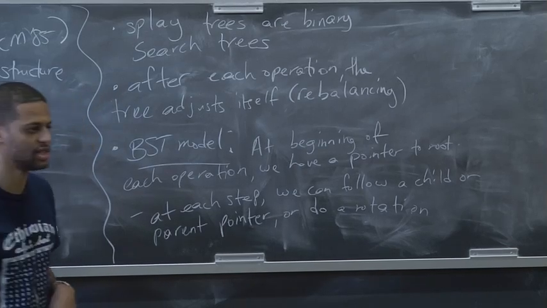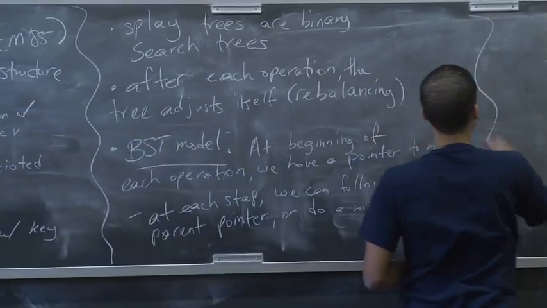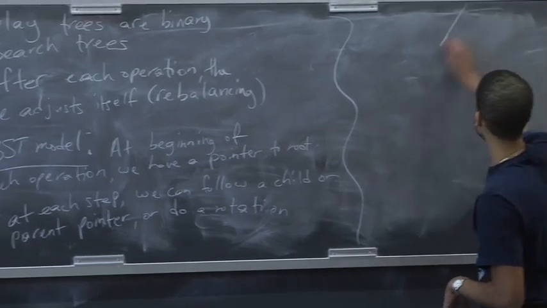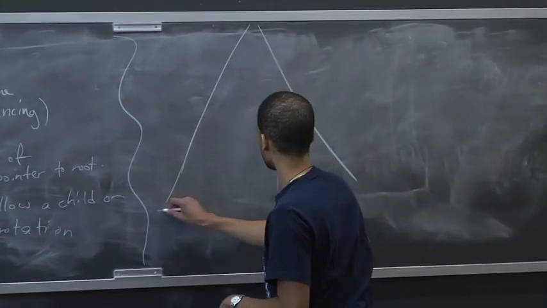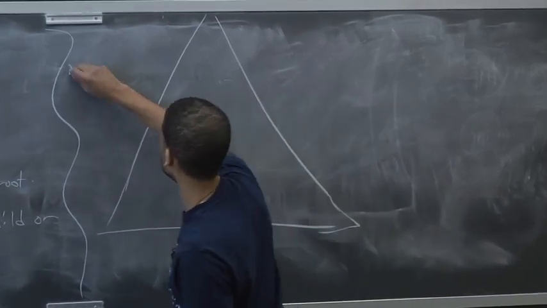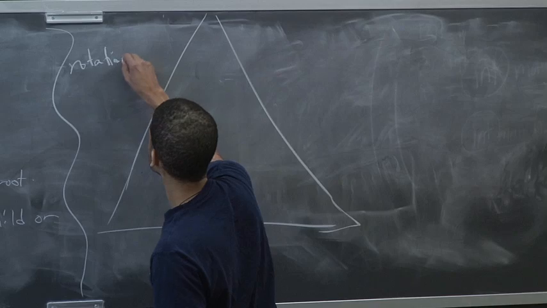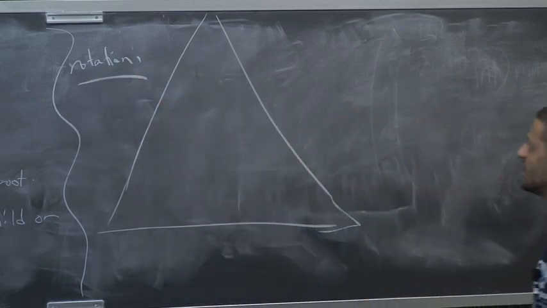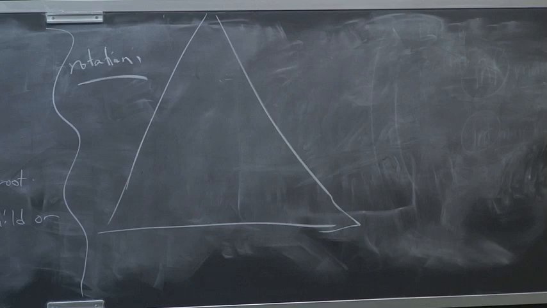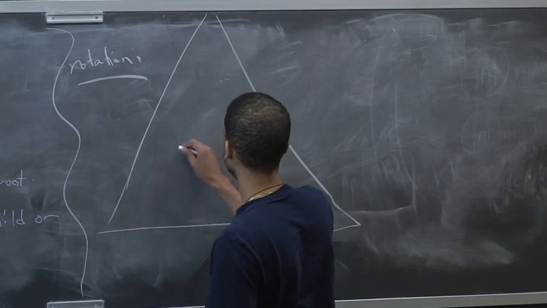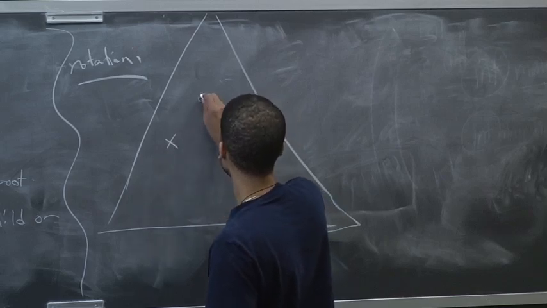So what's a rotation? We have this big tree. I'll just describe what it is by a picture. Somewhere in this tree we have a node X. We have a node Y, which is its parent.